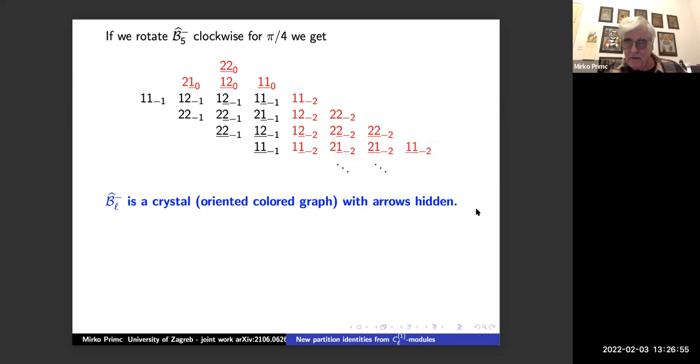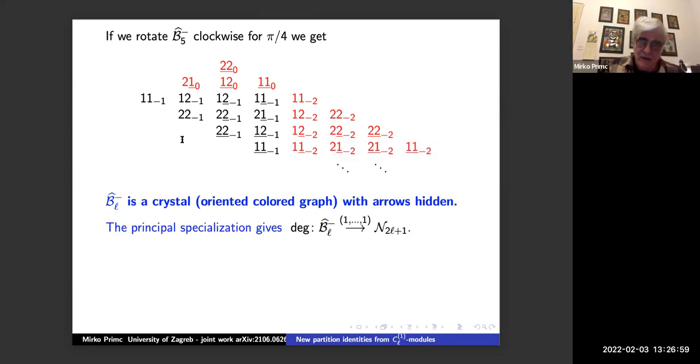I didn't write this here, but it is important because in the principal specialization, we give degrees to basis elements. So we start by giving a degree to the Chevalley generators.